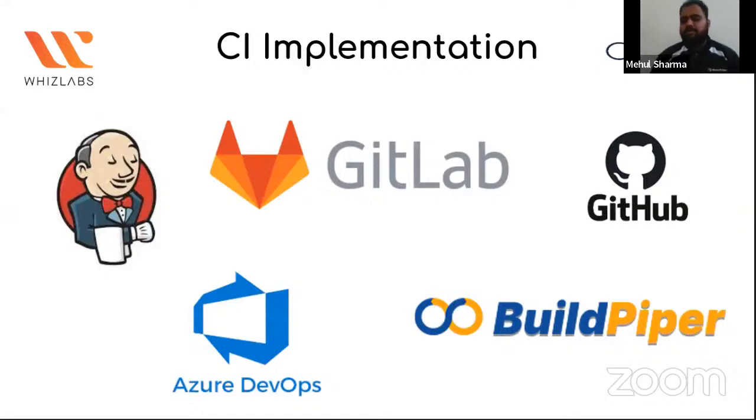Buildpiper is also a new tool that is helping us achieve CI processes. Everybody as a DevOps engineer can explore all of these, and if not already done, you should definitely explore them. For today's example, we'll be using GitHub Actions as our CI tool.